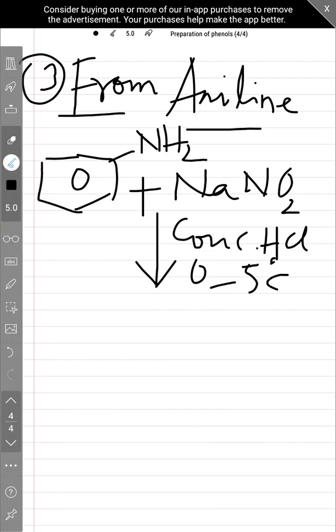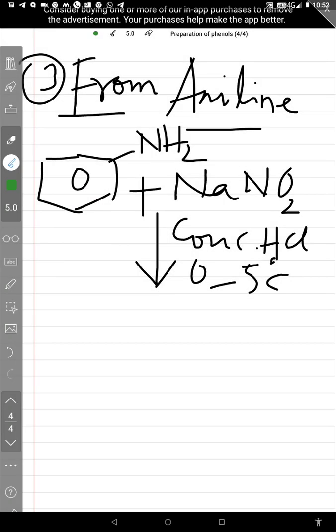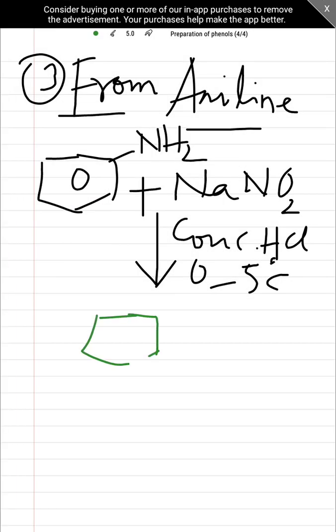They are going to produce benzene diazonium chloride, a very important compound, abbreviated as BDC.